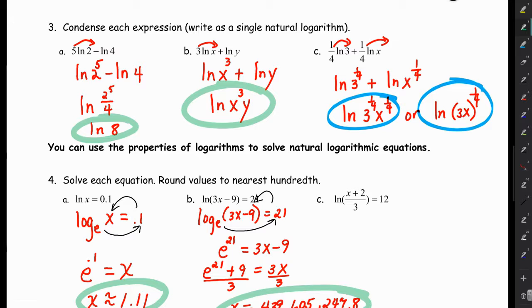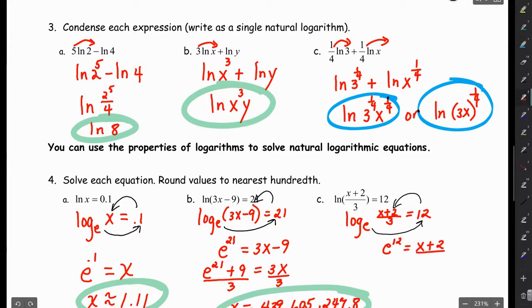Okay, last one you should try on your own and then come back when you're ready. e to the 12th equals x plus 2 over 3. We'll cross multiply. So we're going to get 3e to the 12th equals x plus 2.